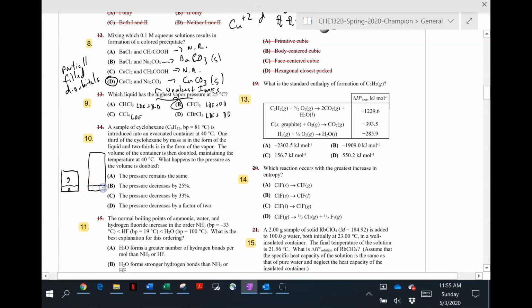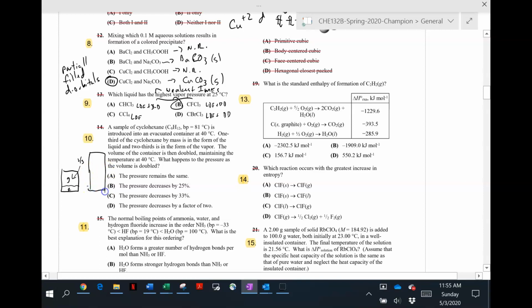Now, what's going to happen to the pressure? Will there be any liquid still left? I think that since 2/3 of the vapor occupied this volume, that the rest, when you expand it, the vapor, there actually will be no liquid left. It will all be in the gas phase.